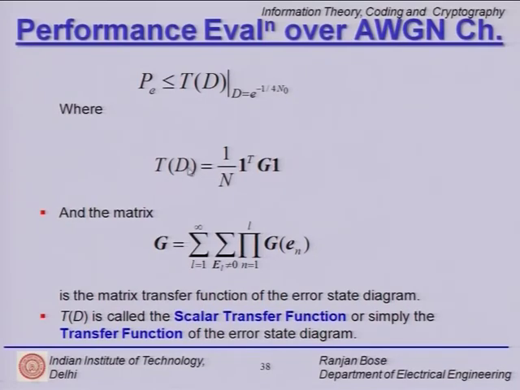So, here T(D) is very easily written as 1 over n, 1 vector transpose G 1 vector, and this in some sense you have seen earlier in the modified state diagram. And the G matrix is defined as follows. T(D) is called the scalar transfer function, or simply the transfer function, of the error state diagram. Once we learn how to calculate it, and we will see an example, it is very easy to get an upper bound on that.